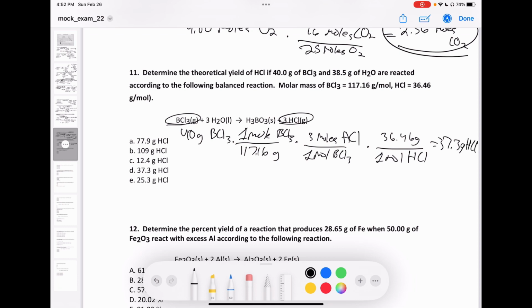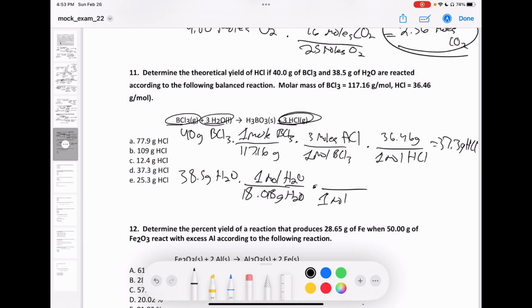And then we just do the same thing for the other reactant, water. So we start with 38.5 grams of water and then convert that to moles so we can use the internal mole ratio. When we look at the internal mole ratio again, for every 3 moles of water that react, 3 moles of HCl are formed. So that's basically a 1-to-1 ratio, so we don't really have to write the 3's.